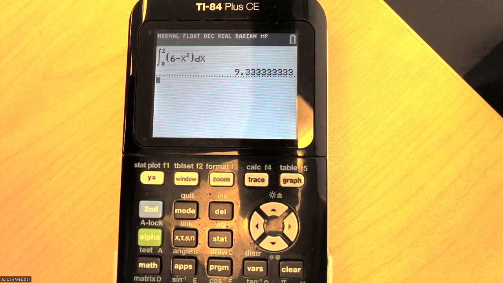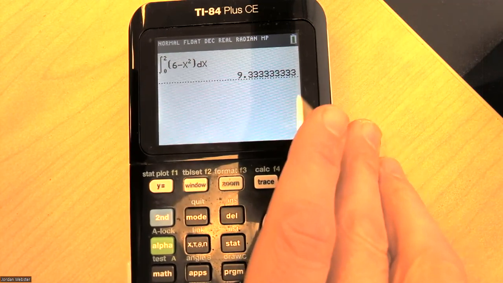Notice, again, that it goes really quickly once you've seen it. Once you've seen it once, it goes really, really quickly, hopefully.